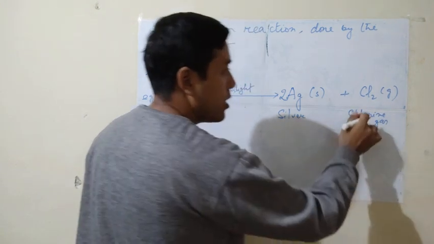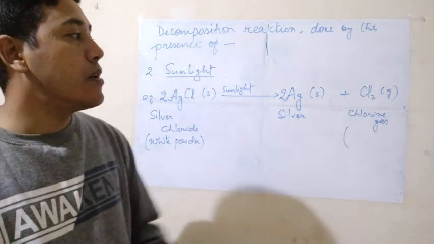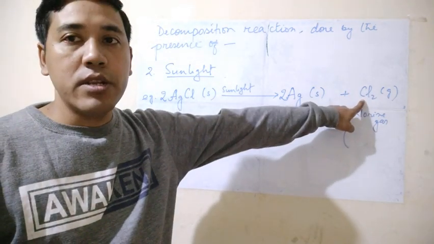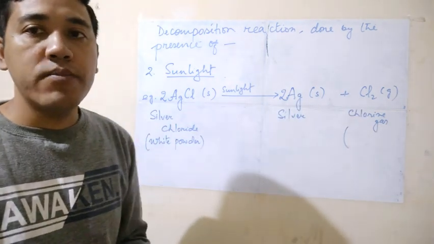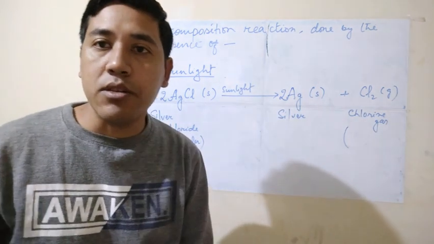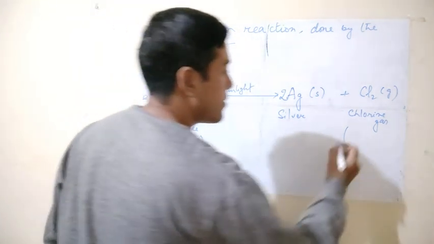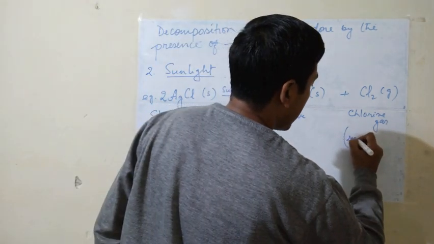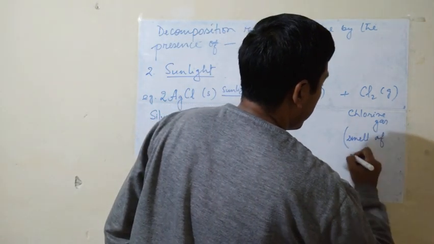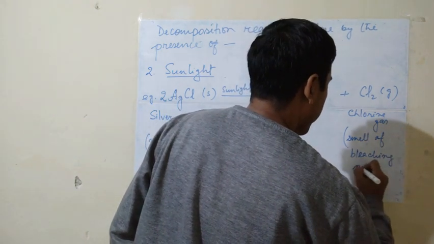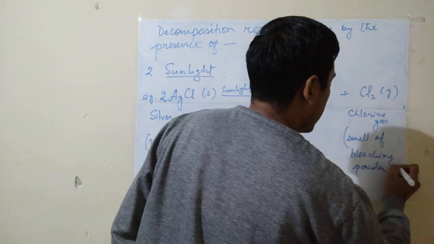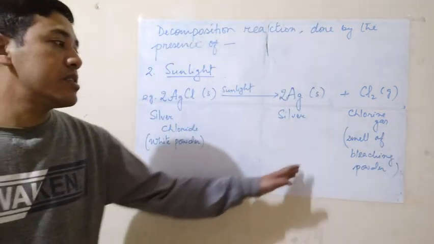You will get the evolution of this chlorine gas. How can you understand? That is due to the smell of the chlorine gas. What is the smell of the chlorine gas? It produces a smell of bleaching powder.